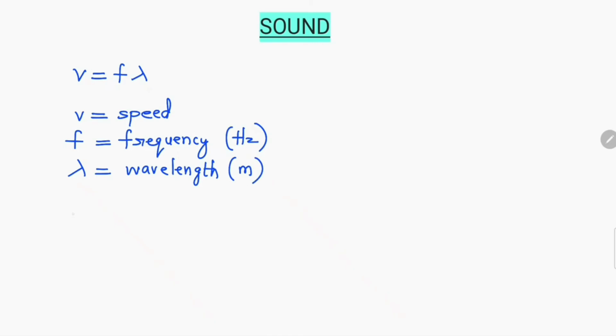Same formula can also be written in terms of time period, where time period is 1 upon f. That also can be used. Another standard formula, speed is equal to distance upon time. So same formula.